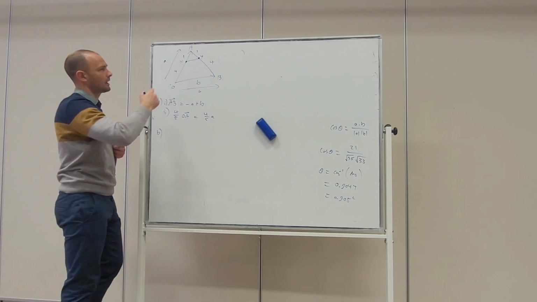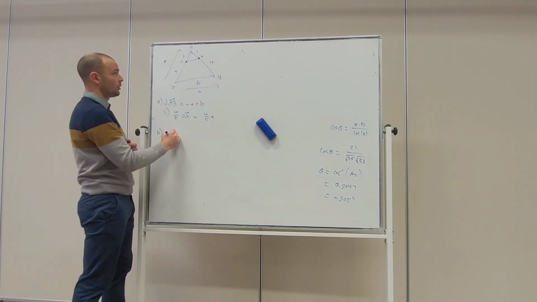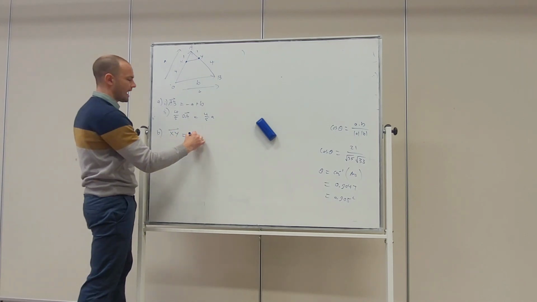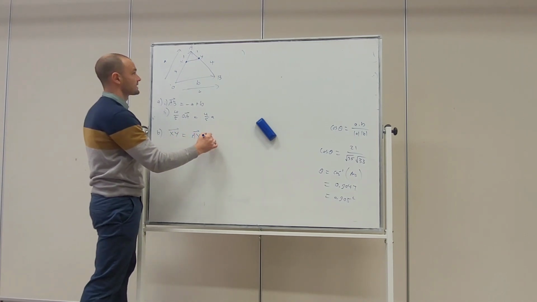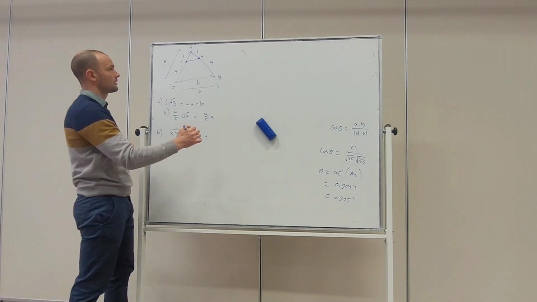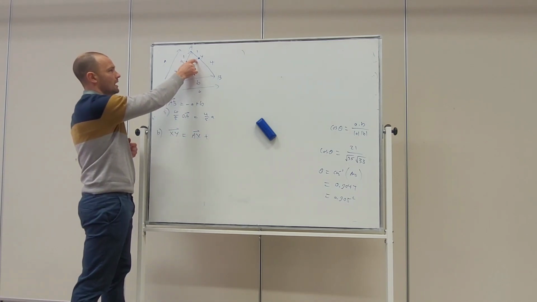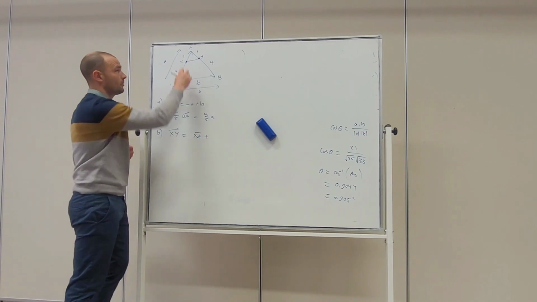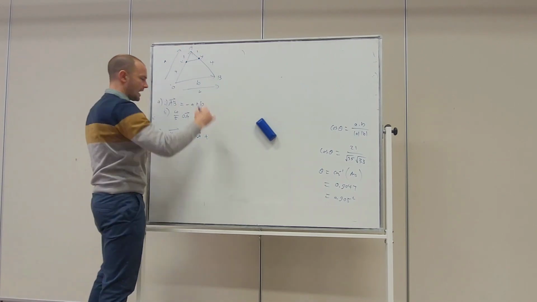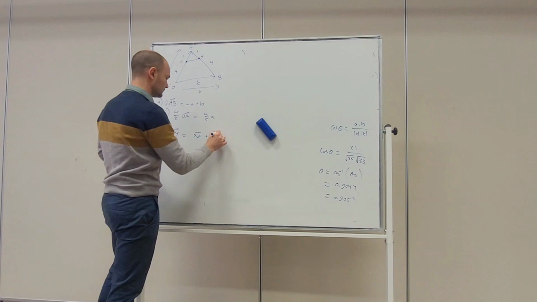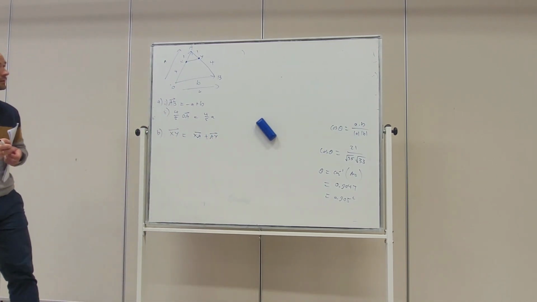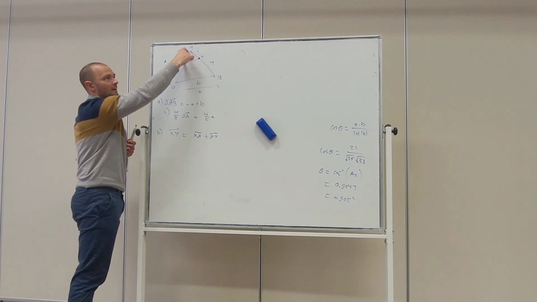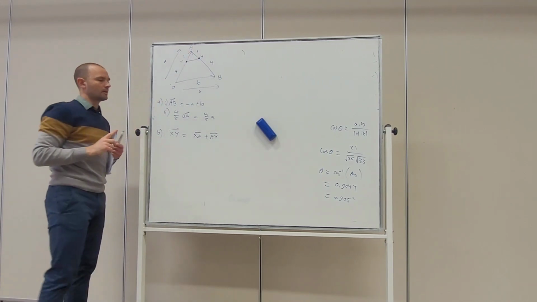I would be thinking about it like this: we want to know vector XY. So let's find vector XA, the vector from X to A, plus the vector from A to Y. We want to know the vector from X to Y, so let's find vector XA plus vector AY.